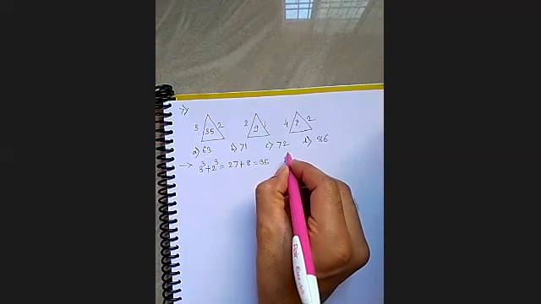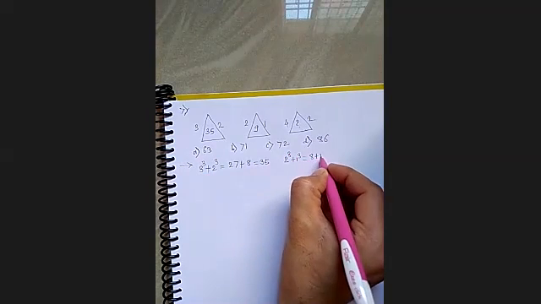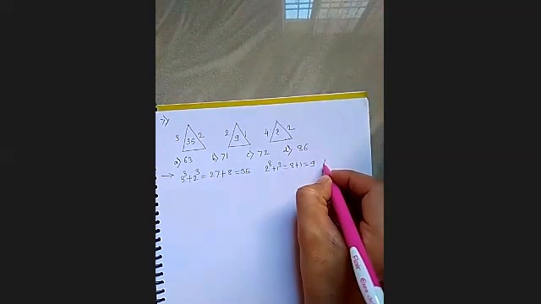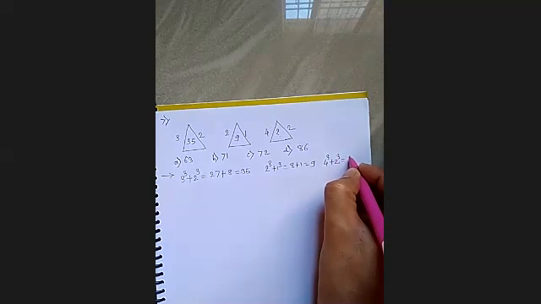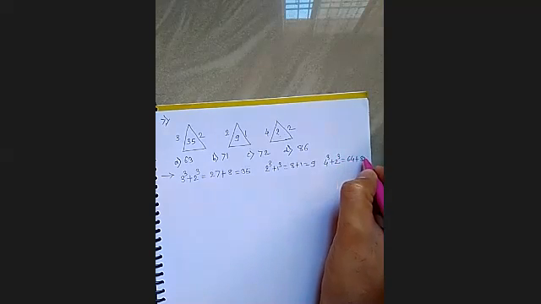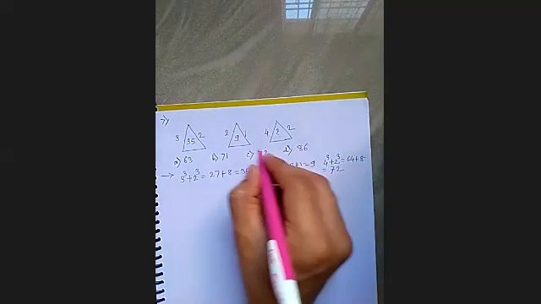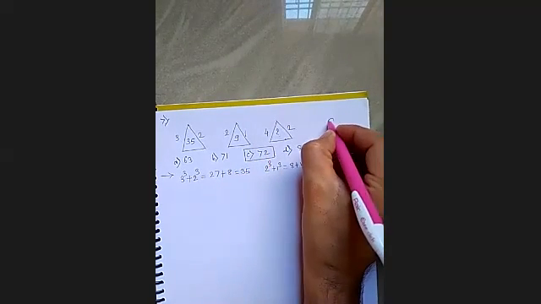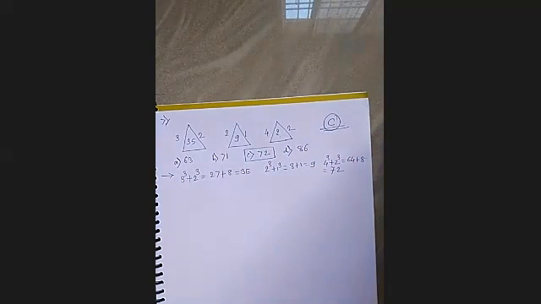Here again the cube of 2 plus the cube of 1 is 8 plus 1, equal to 9. Here the cube of 4 plus the cube of 2 is 64 plus 8, equal to 72. So 72 is your option C. Therefore, the answer is C. Fine.